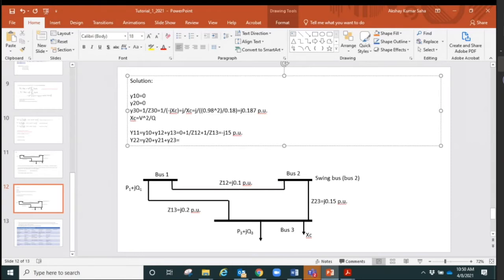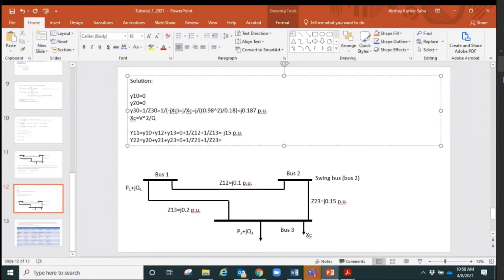y20 is 0 and then y21 is 1 over z21 plus 1 over z23.